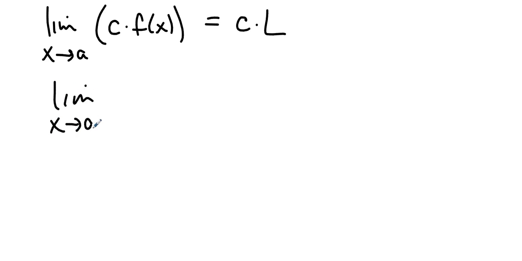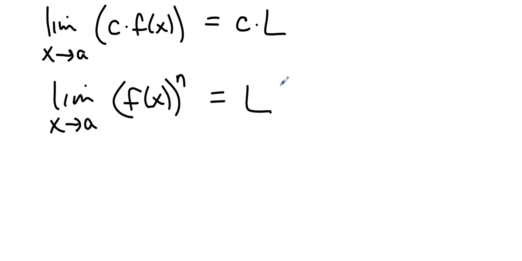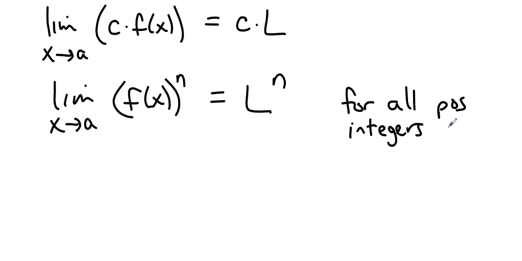And if we take f of x and we raise it to a power, well, the limit of that function to the nth power is the limit to the nth power, for all positive integers n.